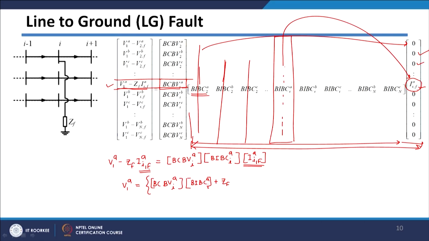I can take the fault current of the ith bus and A phase common out. This will be equal to, okay, it is basically only one entry, so we do not have to write the matrix here.